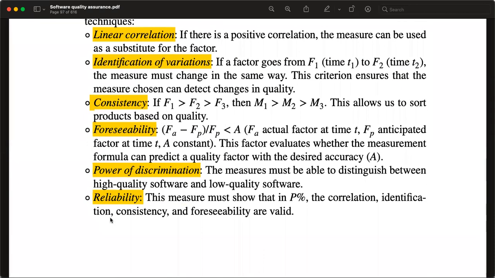Then identification of variation, consistency, and foreseeability. Foreseeability evaluates whether the measurement formula can predict a quality factor with the desired accuracy. And consistency allows us to sort products based on quality. And identification of variation ensures that the measure chosen can detect changes in quality.